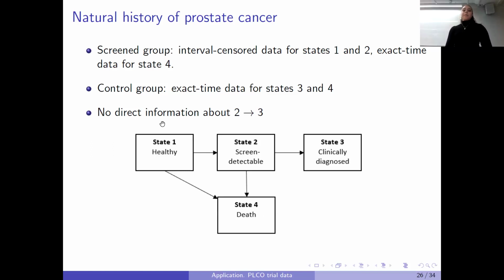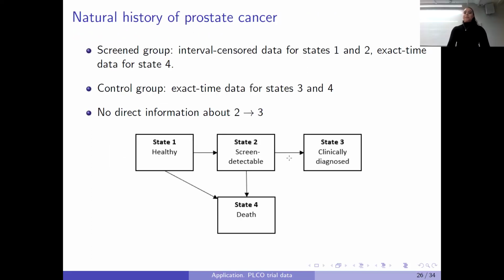And so if we see this process and think about the information that I just described, we don't really have any direct information from moving from screen detectable to clinical diagnosis. So that is something to consider when you need to fit this process in this way.